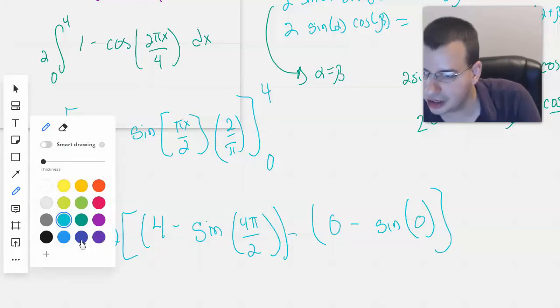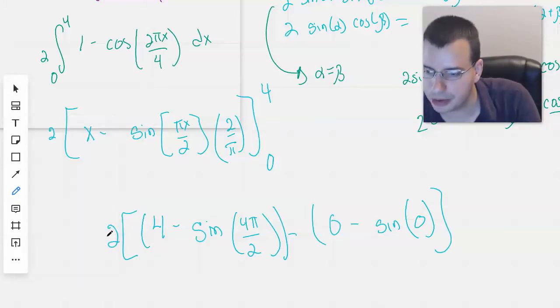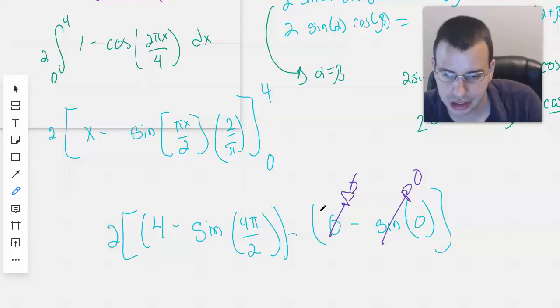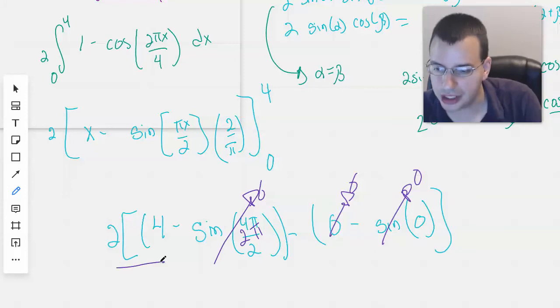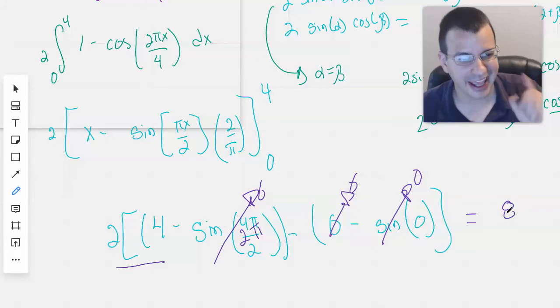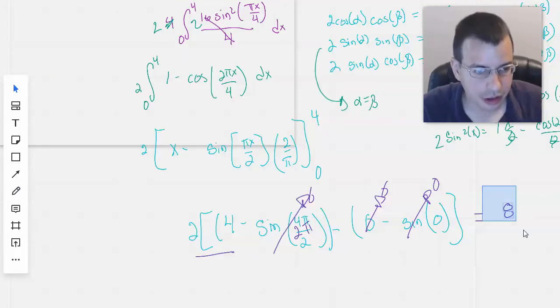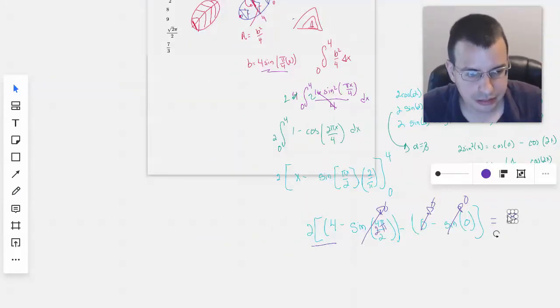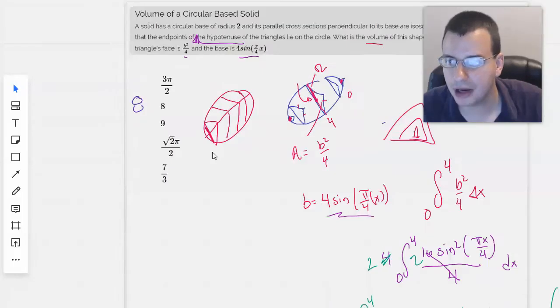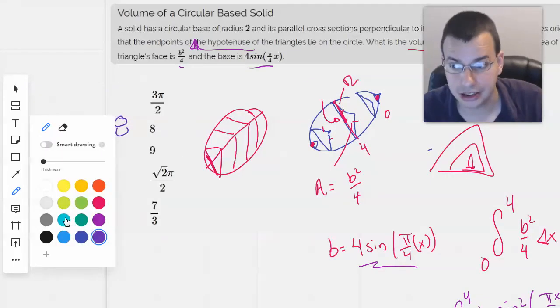Get another color out to do some of our canceling. Ooh, dark purple. So sine of 0 is 0, and sine of, this is 2 pi, which is 0. And so all we're left with is 2 times 4, which equals 8. And that's even one of our possible answers, which is nice.